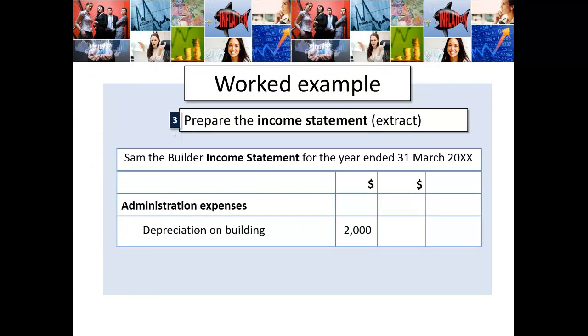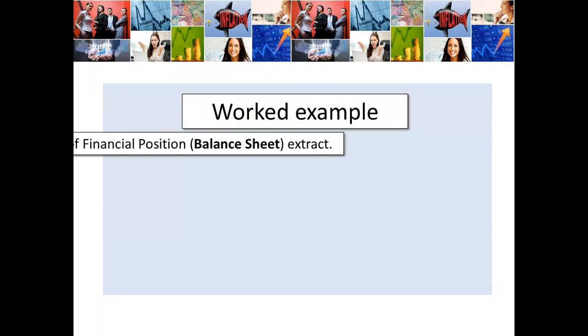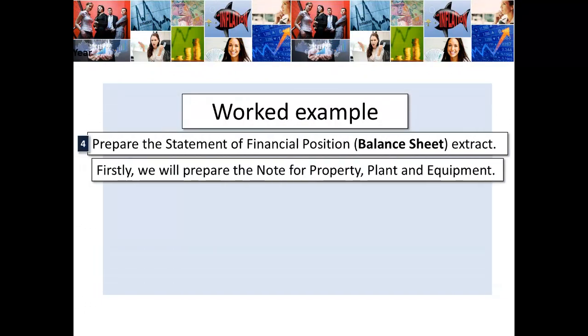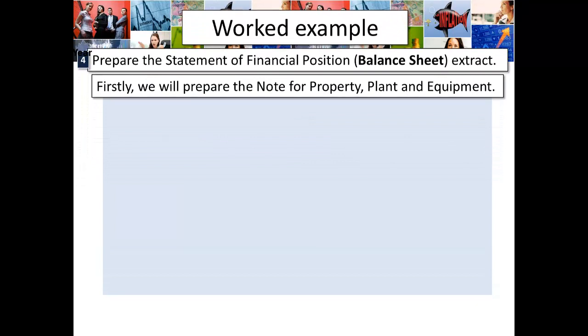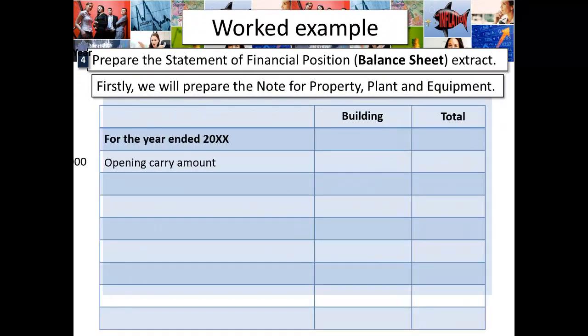Income statement, it's an AE this time. Administration expense. Depreciation of building, $2,000. So our balance sheet, preparing that note, and I think we're in year 4 still. Yes, we are. So the top and the bottom are going to look different.